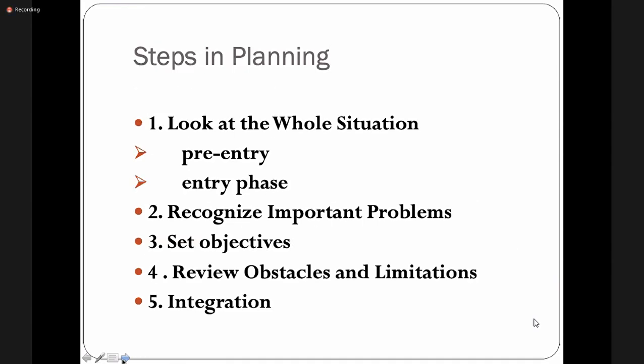Okay. So, as you look at the whole situation, you have the pre-entry and the entry piece. Anong gagawin nyo? Mag-ano kayo ng data, gagawa kayo ng questionnaires for the focus group discussion. Then you recognize the important problems, set objectives, and review obstacles and limitations and integration. So gumagawa kayo ng COPC, nagmamanage din kayo. How you are going to manage your COPC? By planning. No?